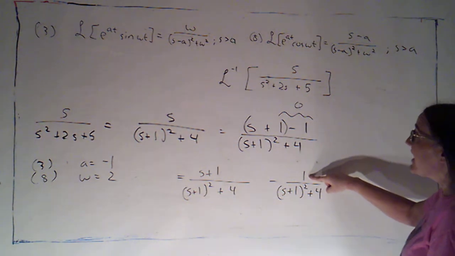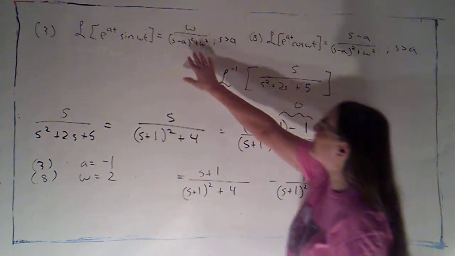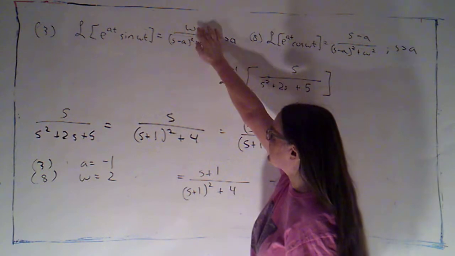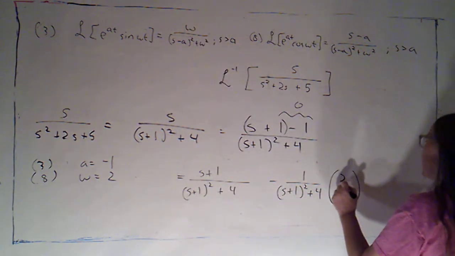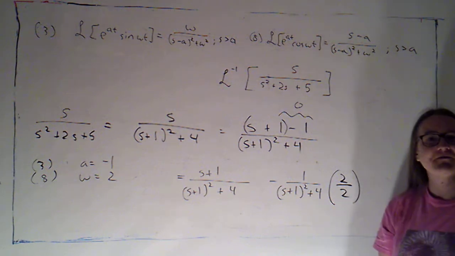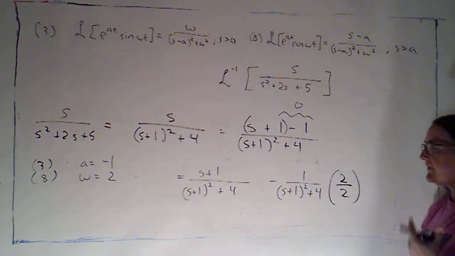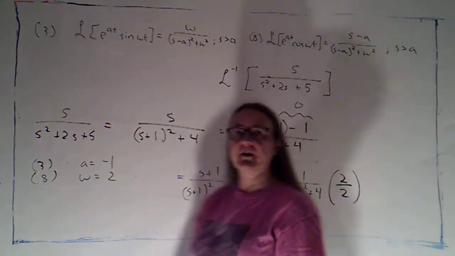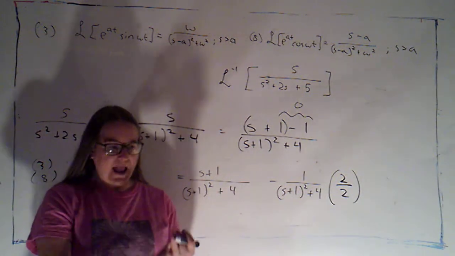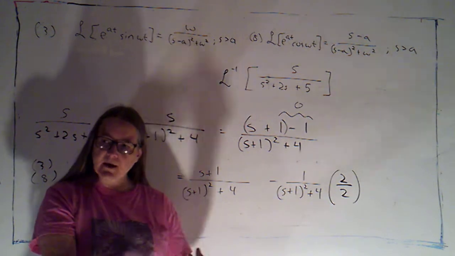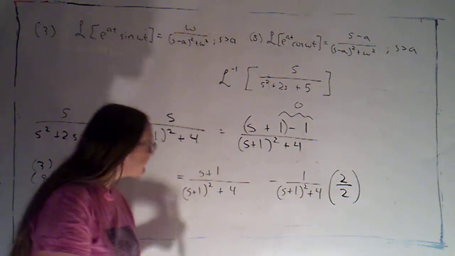So I want to try to make this match formula 3. But that means that the number that I want on top is 2. So let's multiply by 1 in the form of 2 over 2. So if anybody asks you, what are you learning in differential equations? You are learning to multiply by 1 and to add 0. These are incredibly important skills.